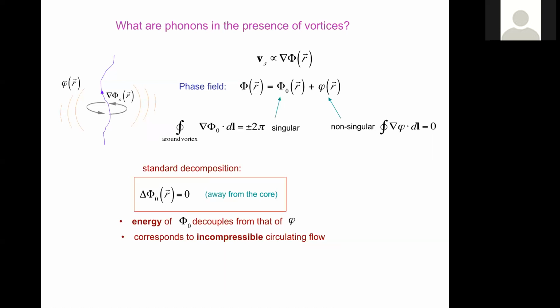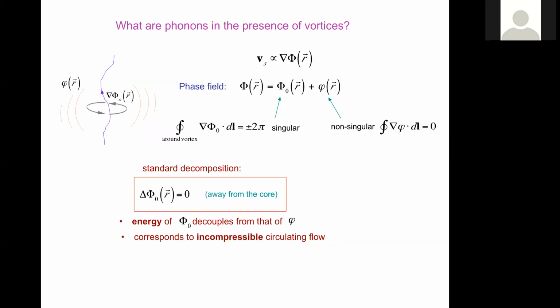If you remember how, for instance, the Kosterlitz-Thouless theory works, this is exactly what you do there, and there it allows you to decouple vortices from phonons and make the calculation seemingly natural. But if you think about it, this decomposition is actually deeply unphysical, okay?